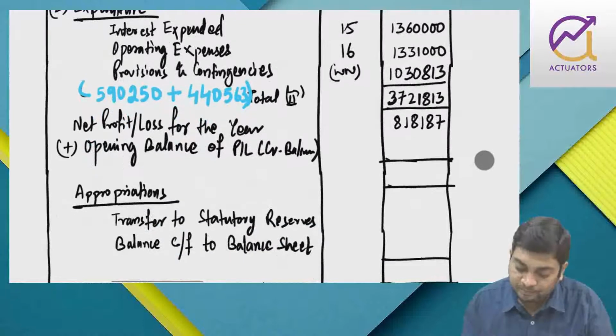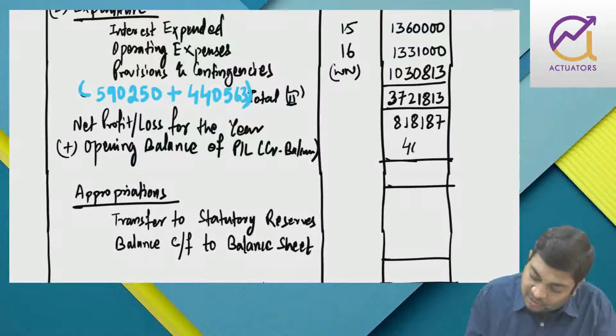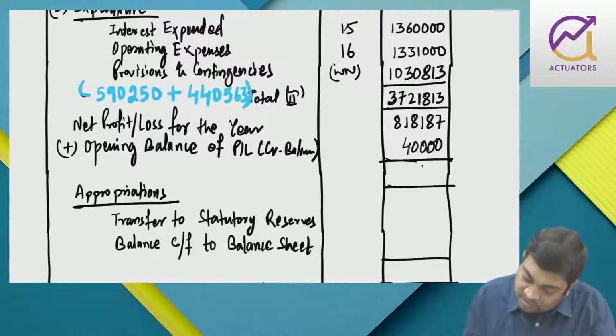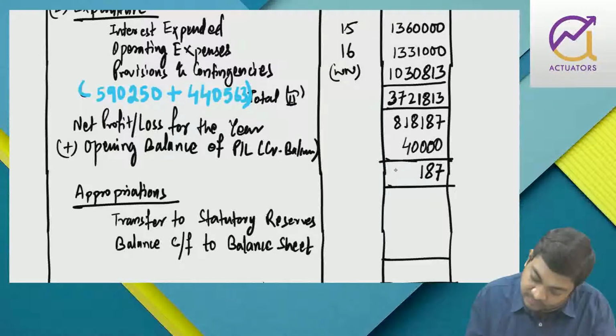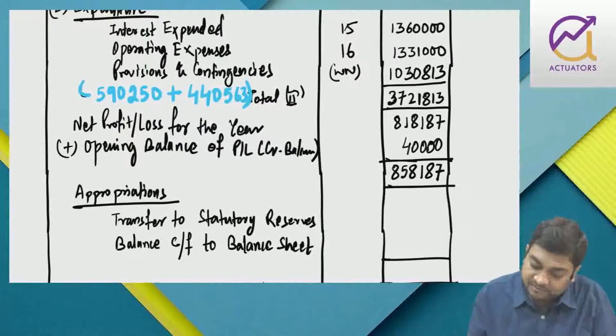Now, opening balance of P&L is 40,000. So this is 858,187.